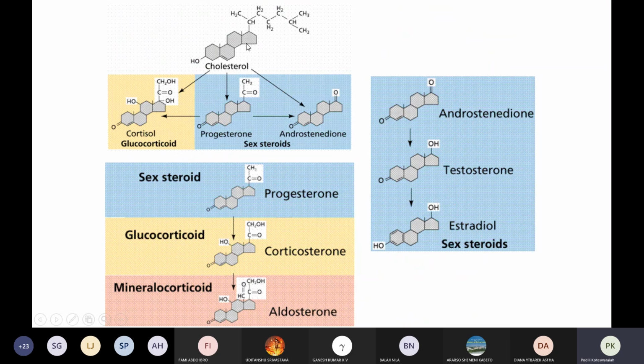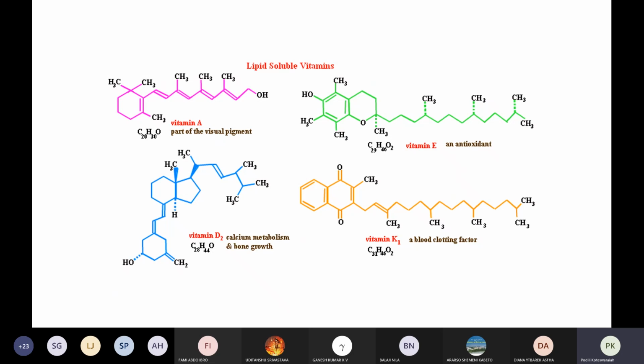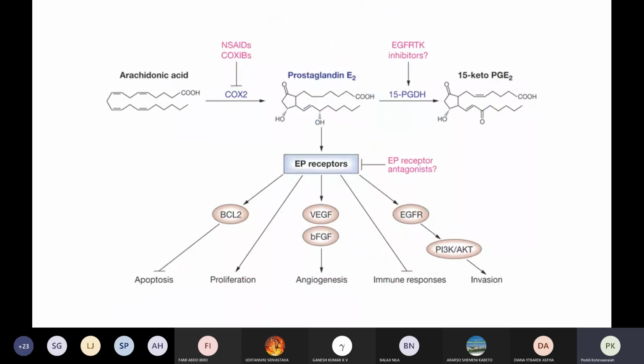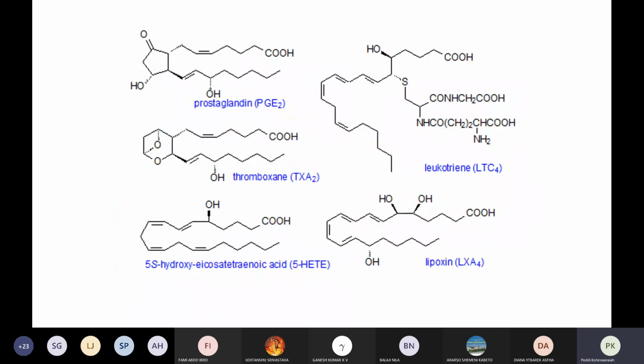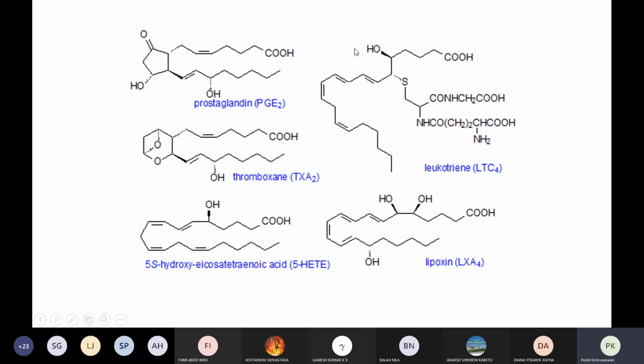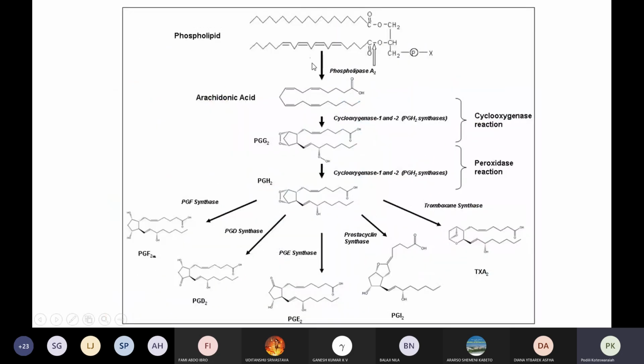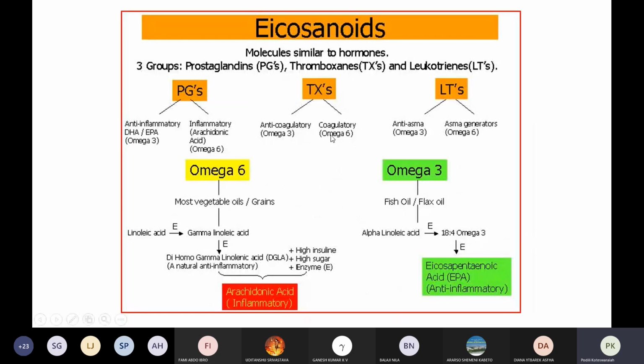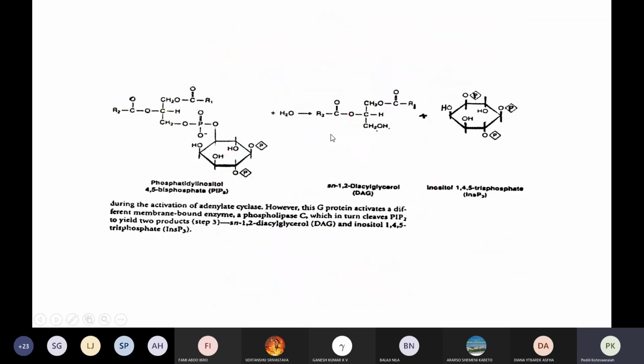So that means both male and female reproductive hormones are synthesized from the cholesterol. And then coming to the eicosanoids, they are prostaglandins, prostacyclins, thromboxanes. All these are derived from the arachidonic acid, which is a carbon 20 containing long chain fatty acid. They have various functions in the body.